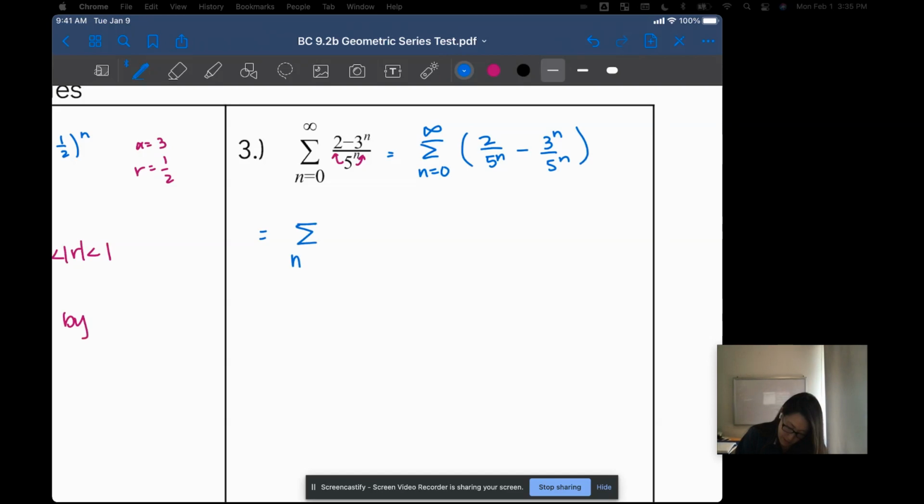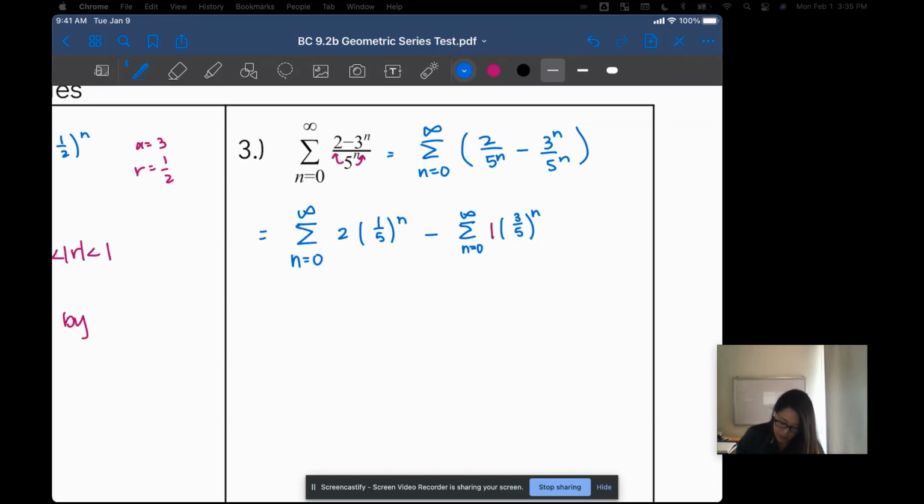So the sum from n equals 0 to infinity of 2 times 1/5 to the n power minus the second series, from n equals 0 to infinity of, this time both the numerator and denominator are being raised to the n power. So we get 3 over 5, and I'll pull the n power outside the parentheses. So really there's just a 1 for our a value.